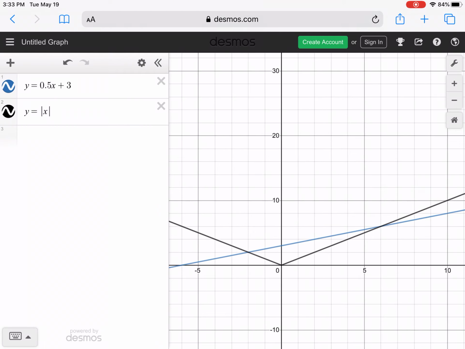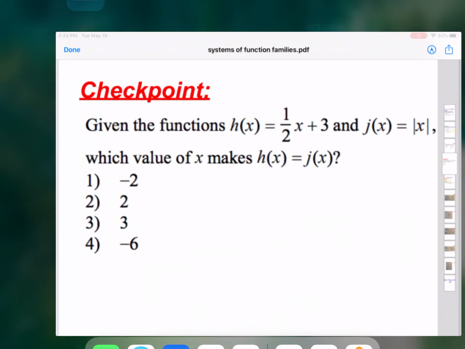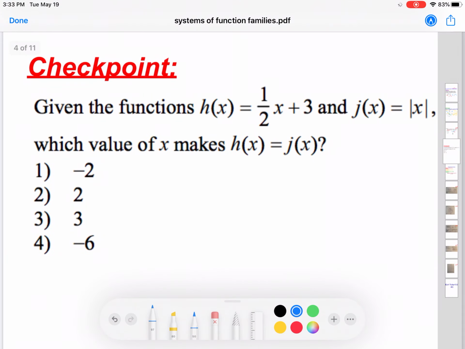Okay, so noticing in our graph here, we see that they intersect in two different places. Our graphs intersect or cross at -2, 2 and at 6, 6. So we see again that they intersected at -2, 2, and they also intersected at 6, 6.